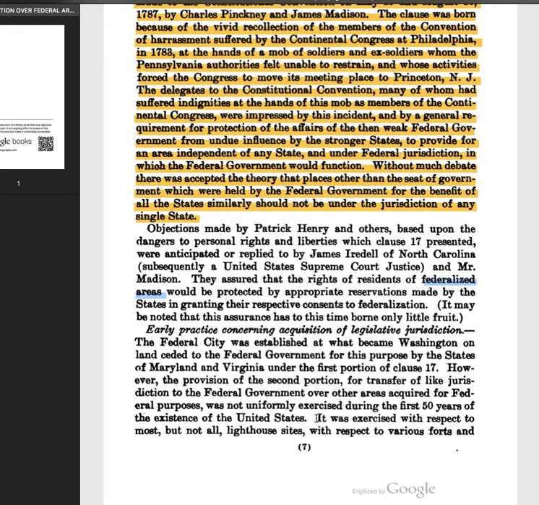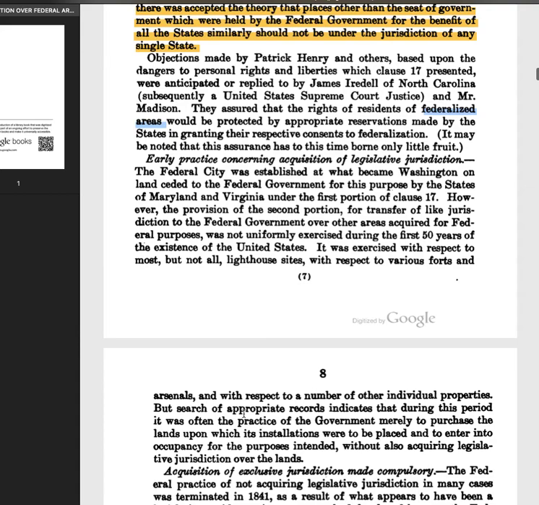It was exercised with respect to most, but not all, lighthouse sites, with respect to various forts and arsenals, and with respect to a number of other individual properties, but search of appropriate records indicates that during this period it was often the practice of the government merely to purchase the lands upon which its installations were to be placed and to enter into occupancy for the purposes intended, without also acquiring legislative jurisdiction over the lands.